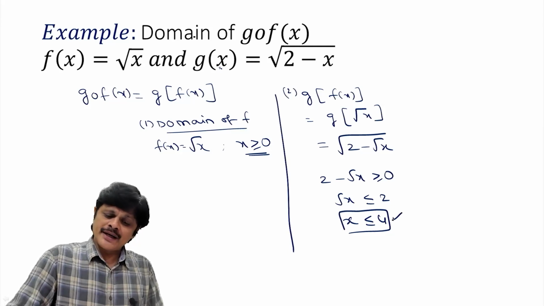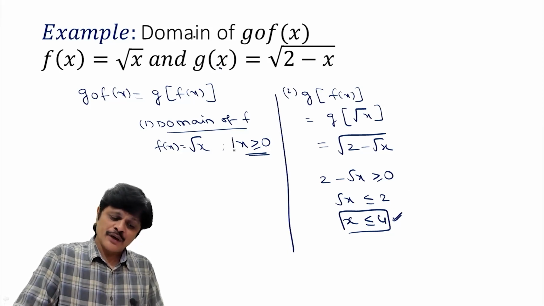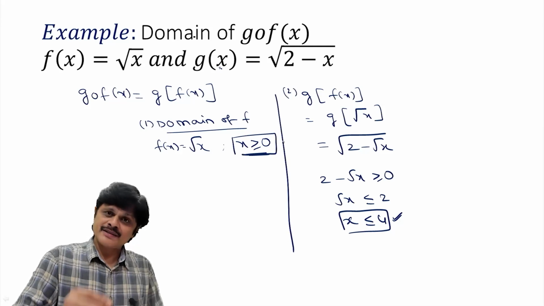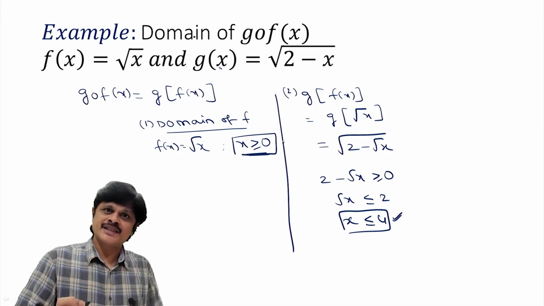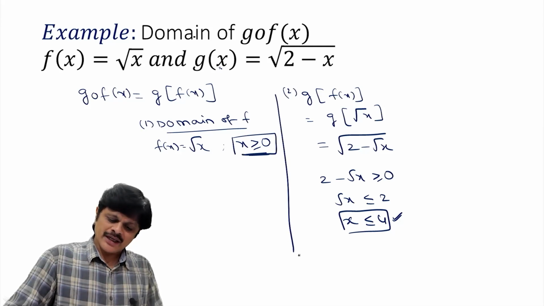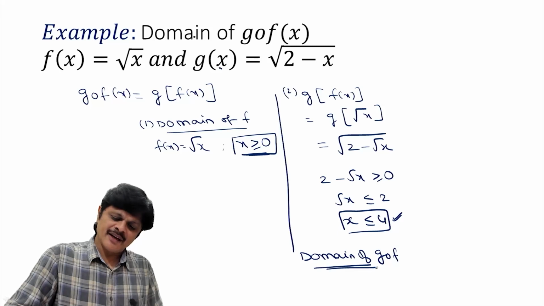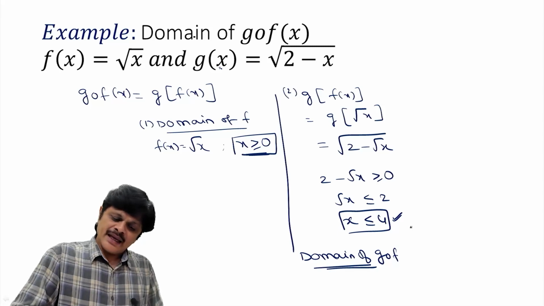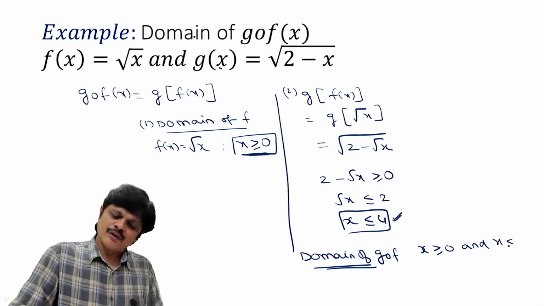But you should not take just x is less than or equal to 4. You have to include the other condition too. Because when f is defined, then only this g should be defined. So the domain of g circle f will be x greater than or equal to 0 and x less than or equal to 4.